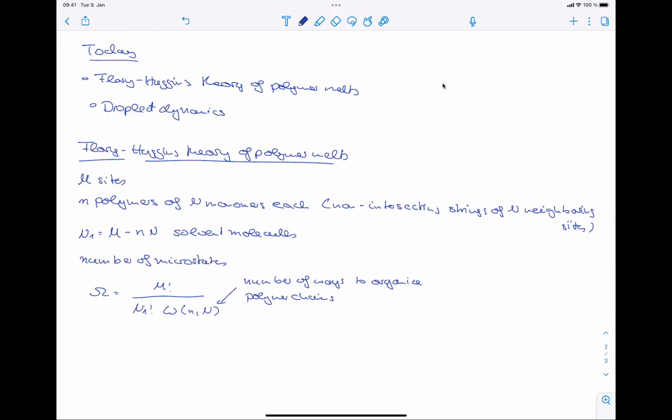And note that also the individual polymers are indistinguishable, so they can commute.